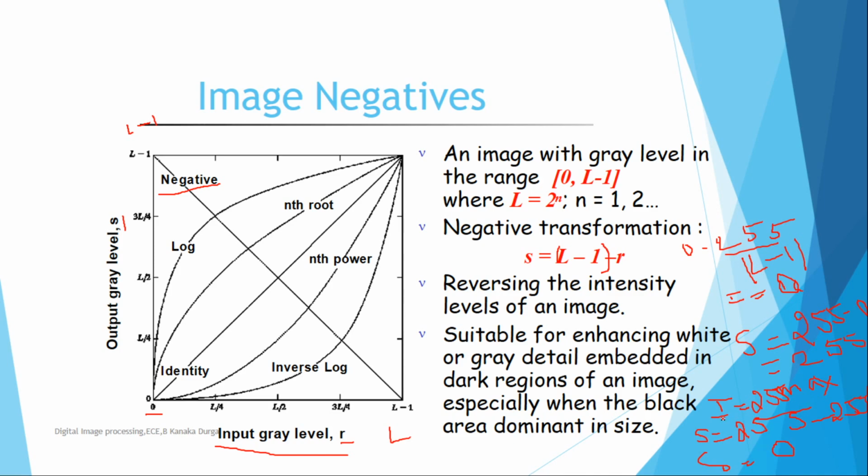So if the input intensity is 255, we get the output as the minimum value, and if the input of the image is 0, we get S as 255, the maximum. So if the input is 0, we get the maximum, and if the input is the maximum, the output is the minimum. Nothing but the blackish pixel values are changed to whitish pixel values, and the whitish values are changed to blackish in nature.